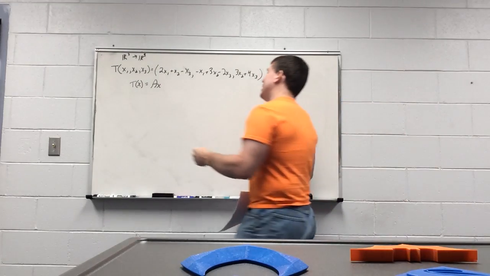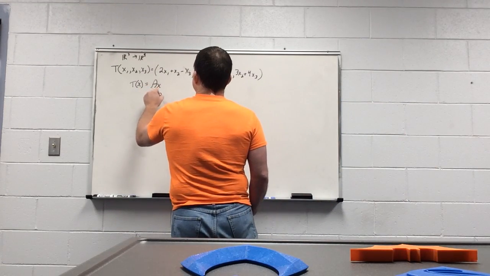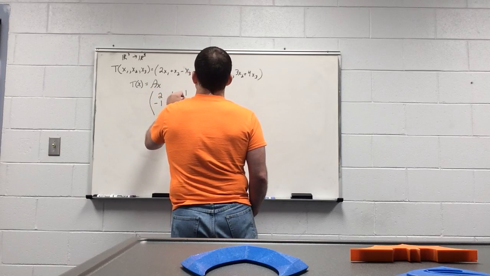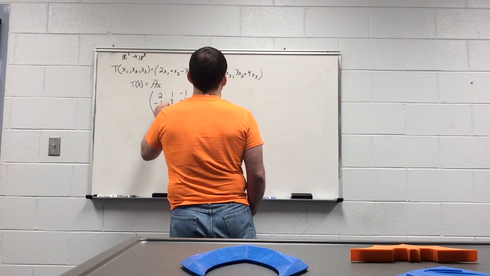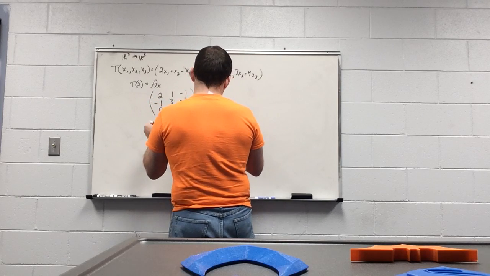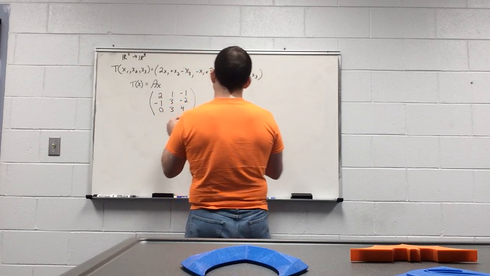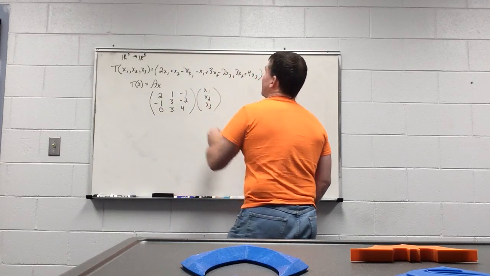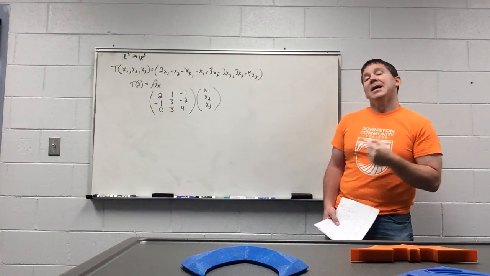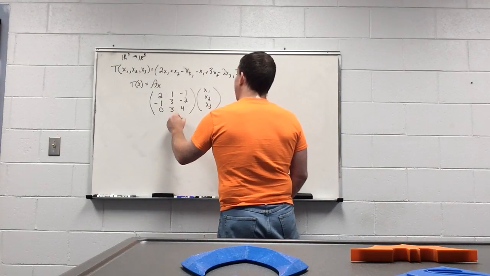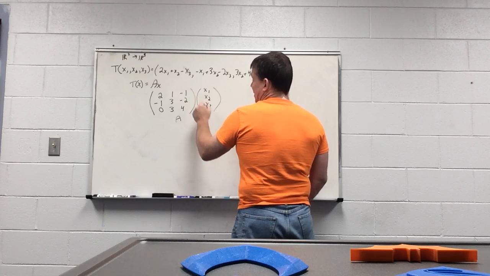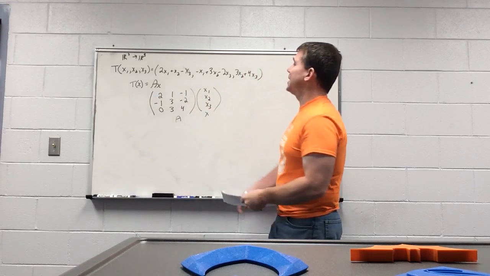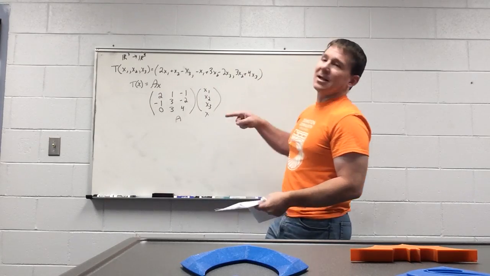Now we can write this as the matrix with rows 2, 1, negative 1; negative 1, 3, negative 2; 0, 3, 4, times x sub 1, x sub 2, x sub 3. If I let this be my A, and this is my x, this is Ax, and if I multiplied all of this out, I would get this.